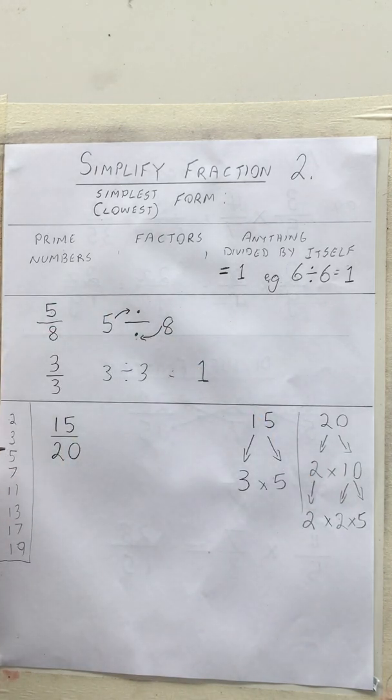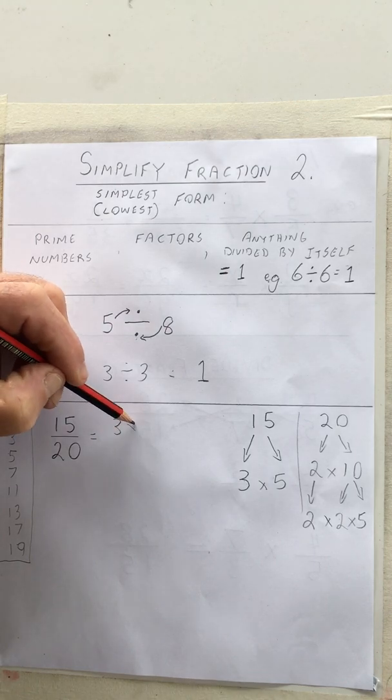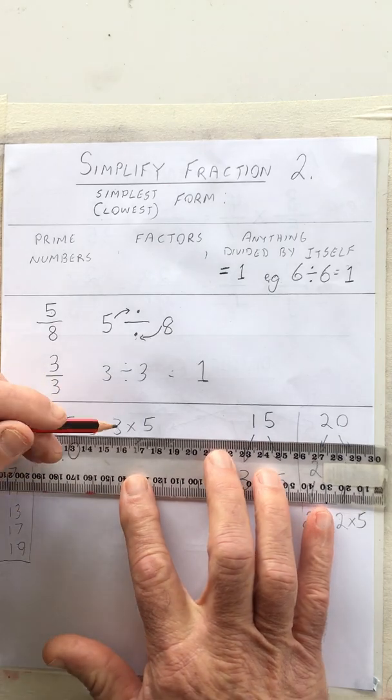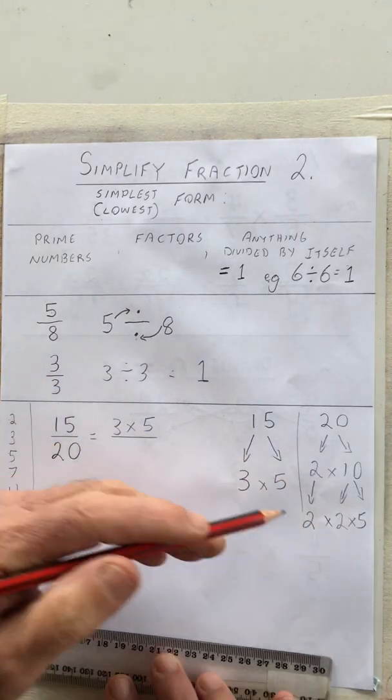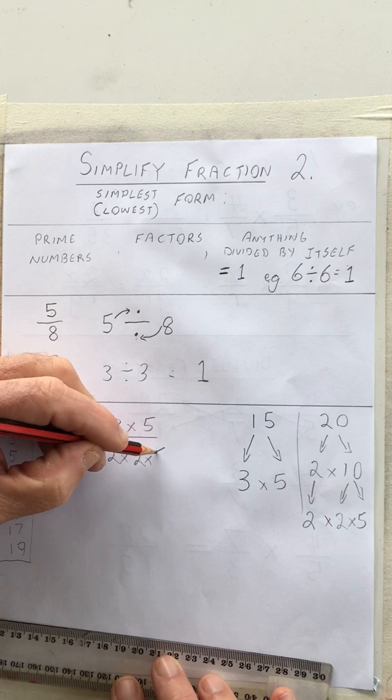Checking my list, 2s and 5s, no problems. So now I'm going to rewrite, and from our last video we know about multiplication, we're sort of going backwards. And 15 is 3 times 5. Now, my 20, written over here, I write it down as 2 times 2 times 5.